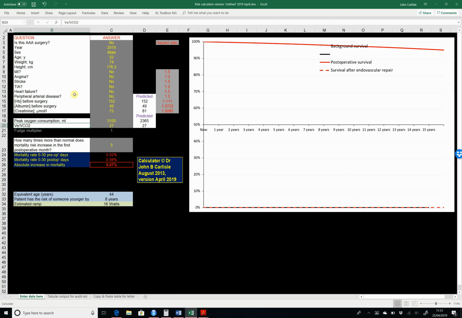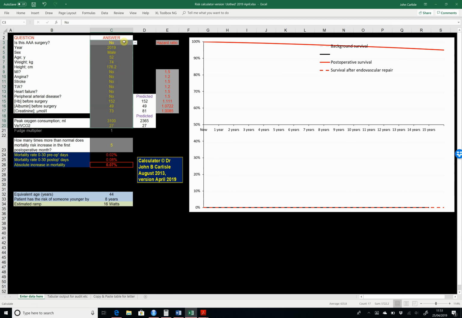Okay, so how do you use it? Well, there's 3 sheets that you'll be using. This particular sheet is called Enter Data here for obvious reasons. And you enter your data where you can see a yellow font with a grey background.